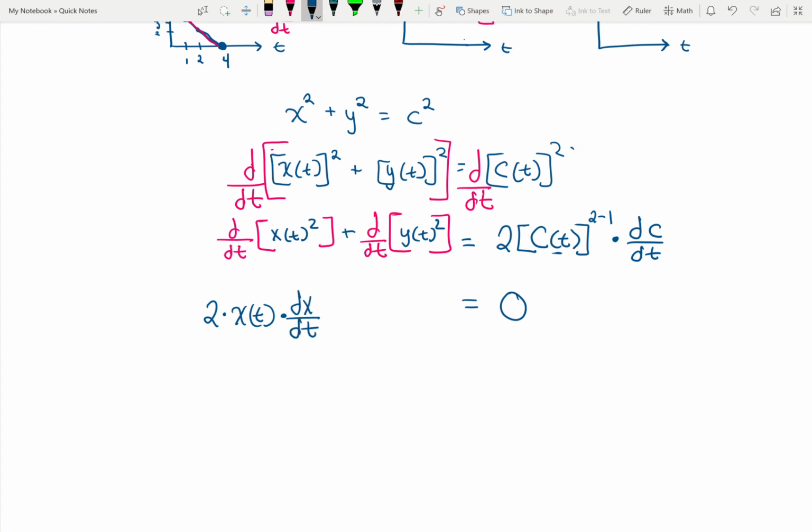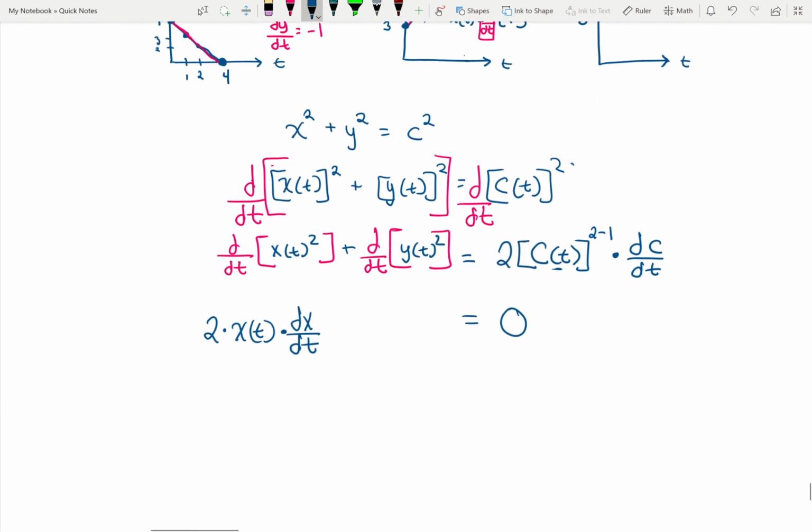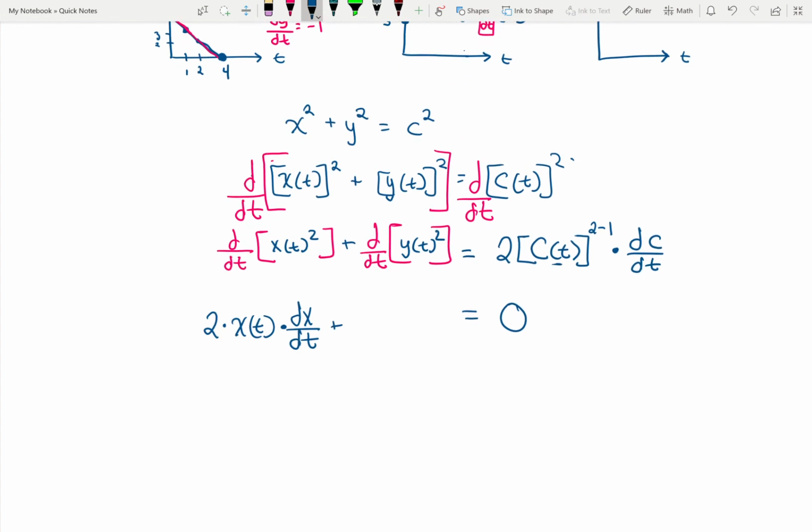The derivative of x of t is dx/dt, right? It's the slope of this line. And then we're going to do it again for this guy. Drop the exponent, keep the inside function the same, and then multiply it by the derivative of the inside function. So the derivative of y was dy/dt.